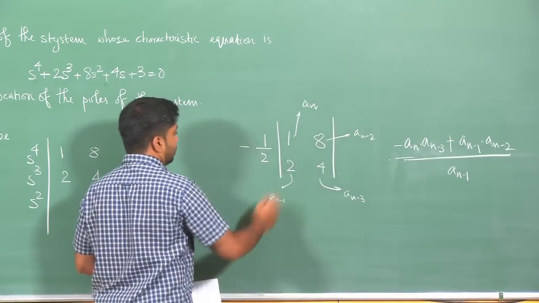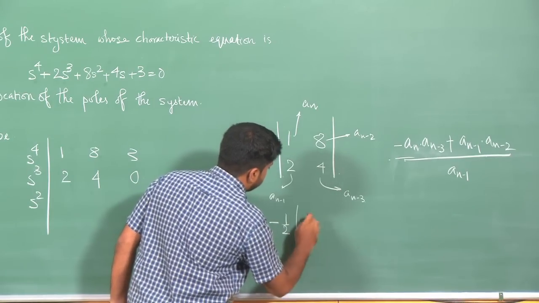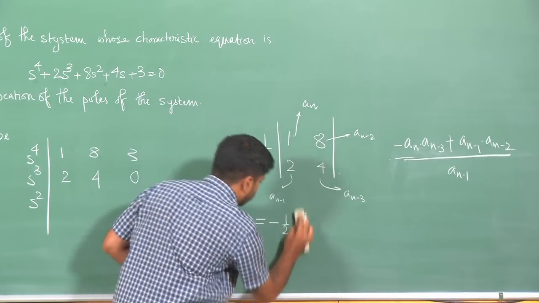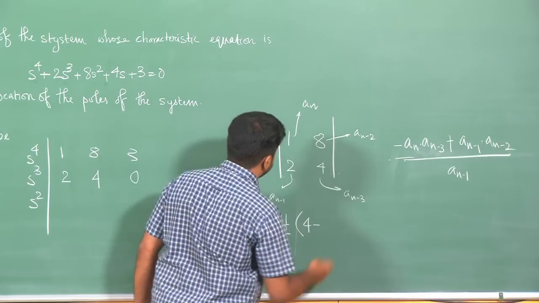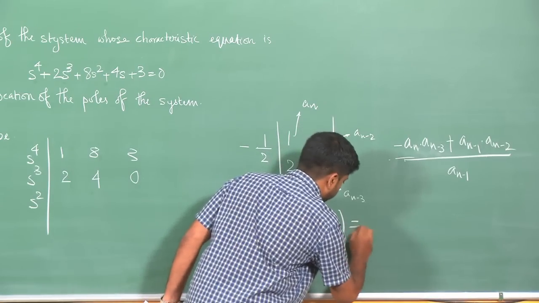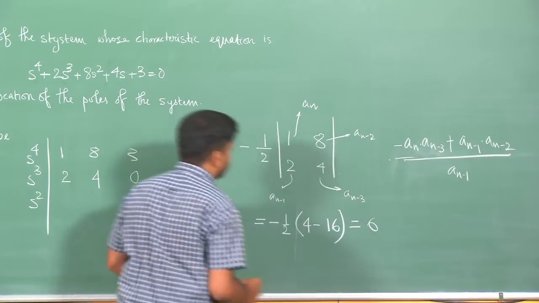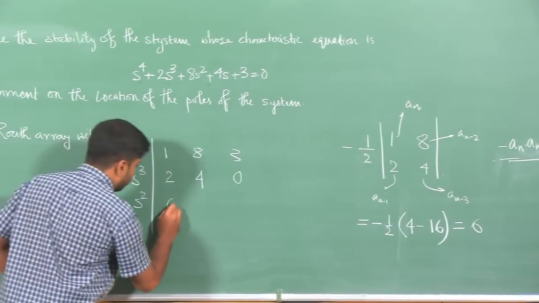So, here we get minus half of 4 minus 16, so here it will be 3.